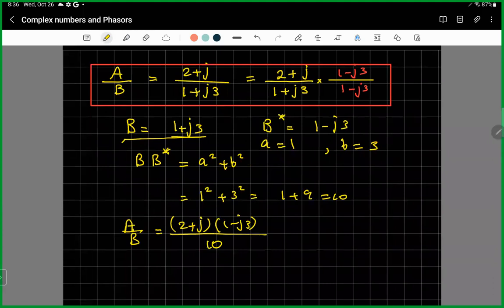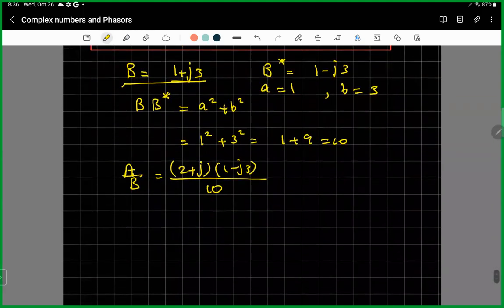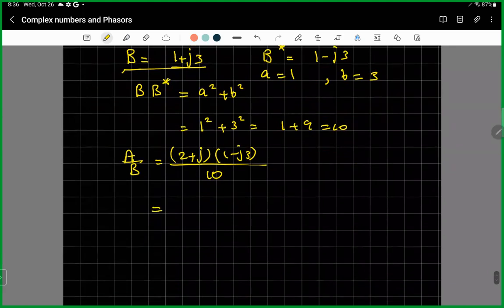Now I feel optimistic I can solve it. I am dividing only by one number. At the top part, I don't have any problem because I know how to multiply. The multiplication at the top is easy. 2 times 1 is 2, 2 times negative j3 is negative j6, plus j times 1 is j, minus j squared times 3. Then I simplify.